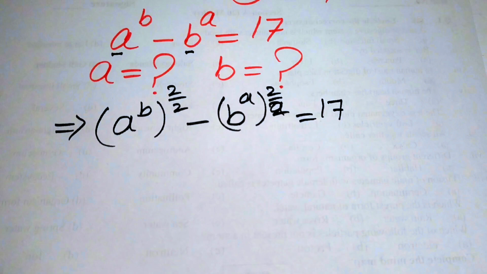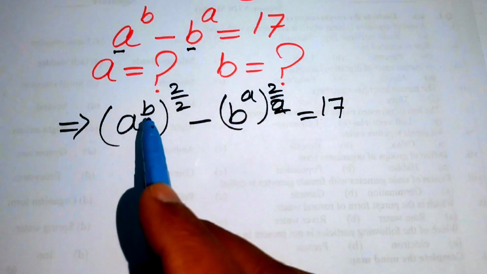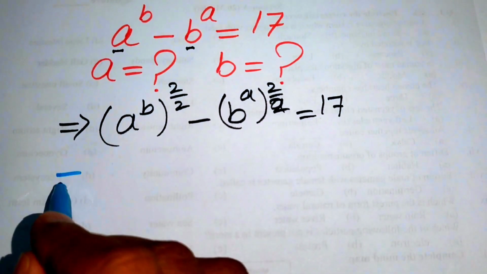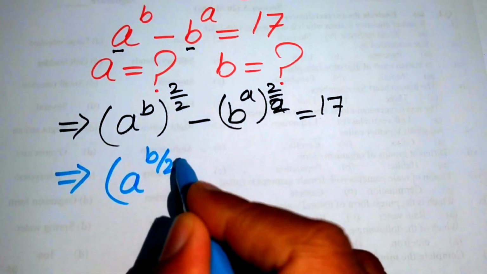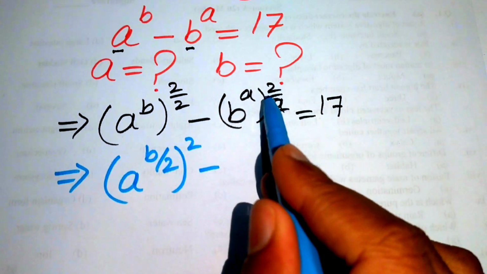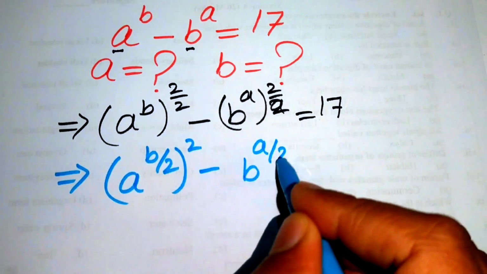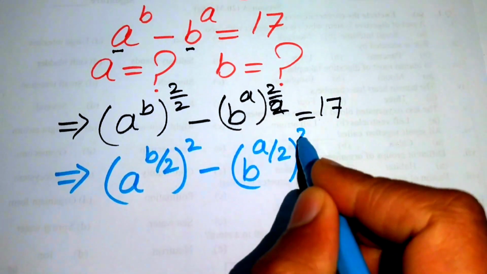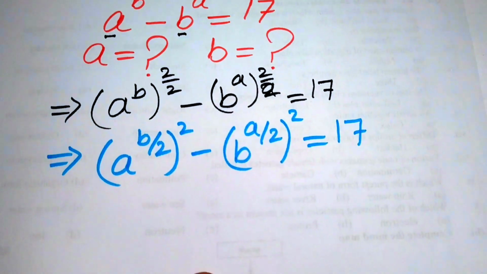According to this law, we multiply 1 over 2 by this b and write it as a to the power of b over 2 and its whole square, minus, similarly, we multiply 1 over 2 by a and write b to the power of a over 2 and its whole square, equals 17.